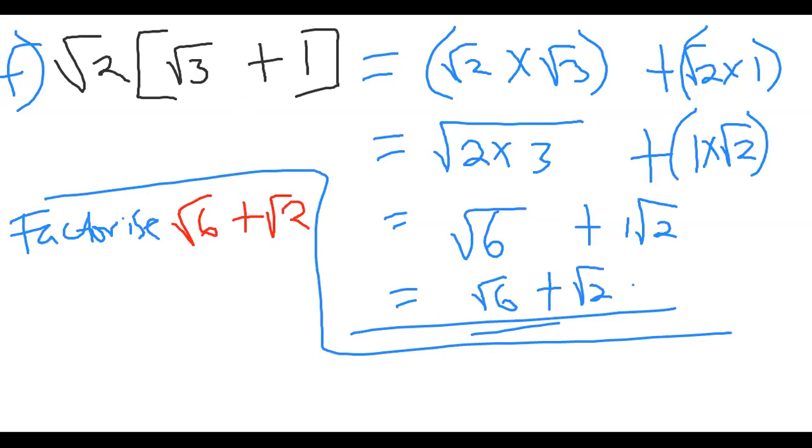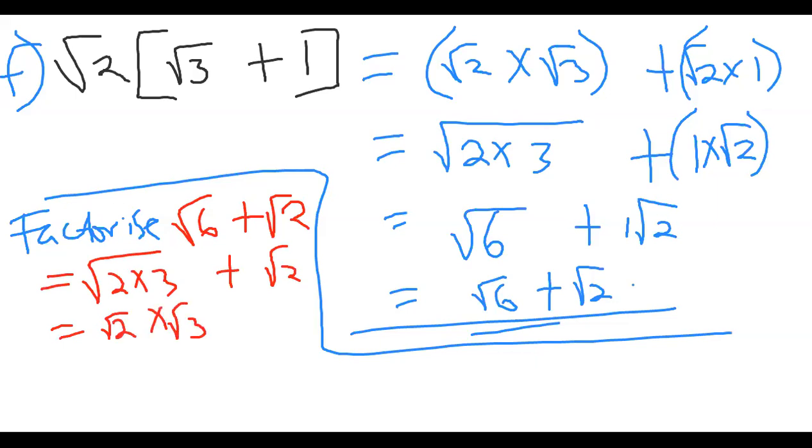What you need to do is simply say that you express this root of 6 in terms of root 2. In other words, simply go backwards. This is the same as you introduce a 2 under a 6. It is the same as root 2 times 3, then plus root of 2, which is the same as root 2 times root 3, then plus root of 2.